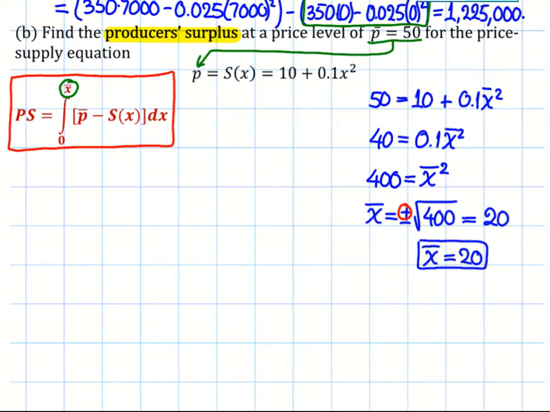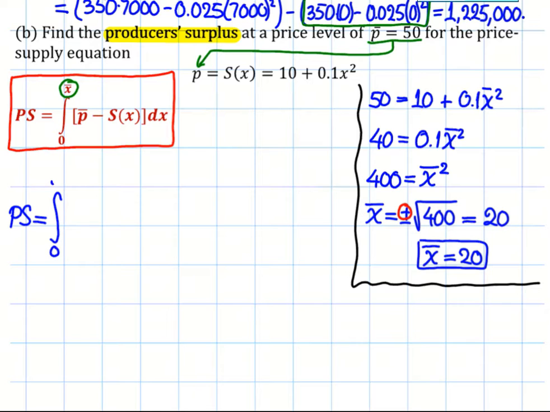So we can substitute into the integral. The producer surplus is the integral from 0 to 20. The price P bar is 50. From the price supply equation, S of x is 10 plus 0.1 x squared, dx.